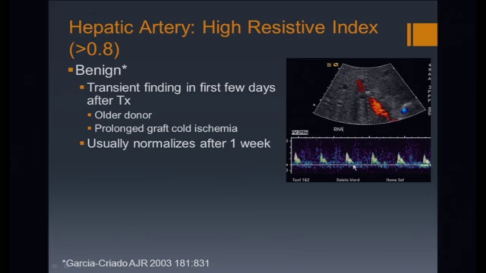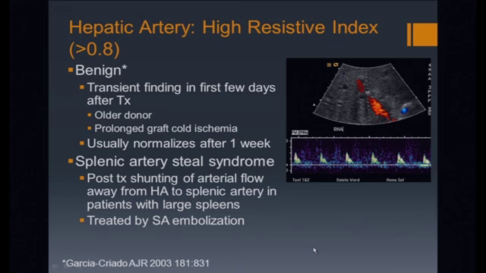And here's an example of high resistive index with no diastolic flow in a patient, and we're interrogating the right hepatic artery here. This resolved after a few days and is usually a benign finding. However, if it does not resolve, it could be a sign of splenic artery steal syndrome. This means that when you have long-standing portal hypertension, the spleen gets big, and so does the splenic artery.